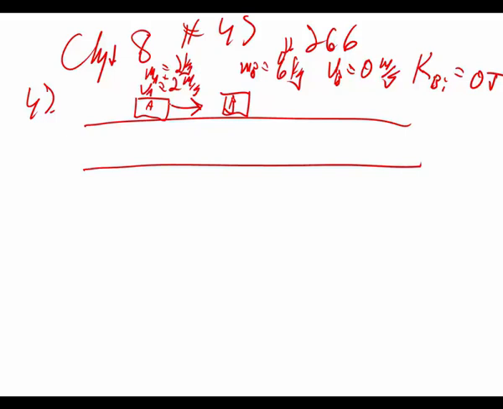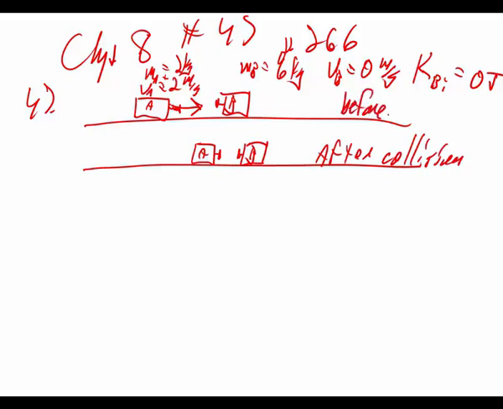So they have bumpers, and let's just put a spring bumper there and a spring bumper. Okay. And so they do what? They collide. So this is after collision, and this is before collision.